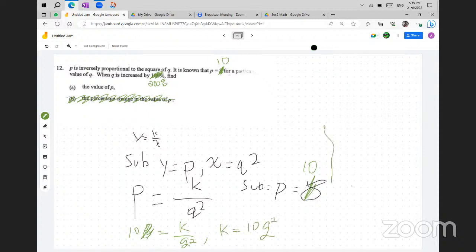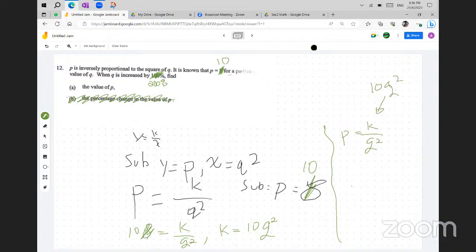Then sub in: P equals kq squared again, right? And then I'm going to sub k as 10q squared. That's what you're saying, right?